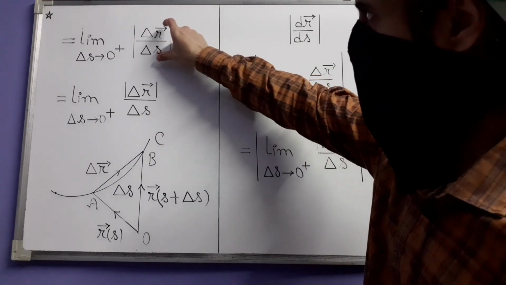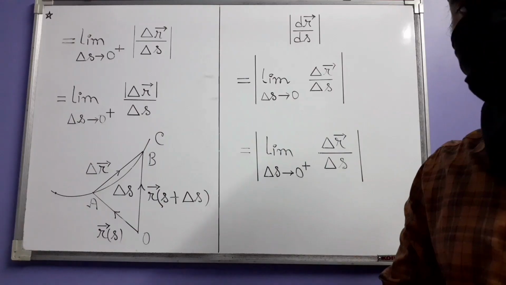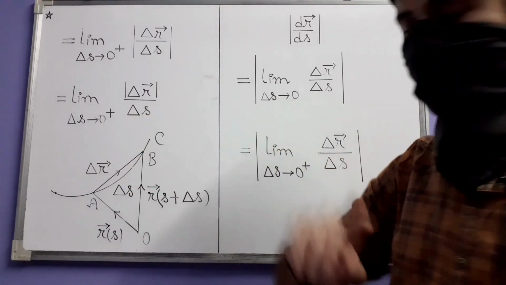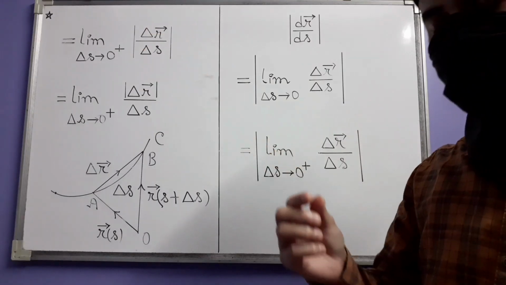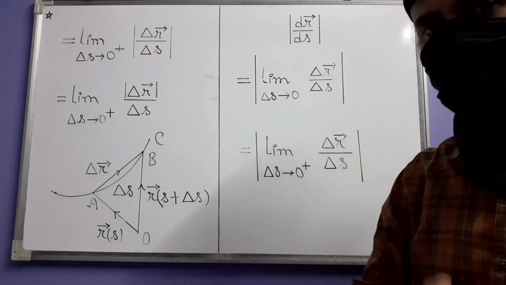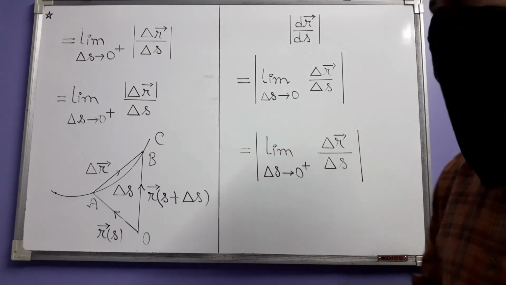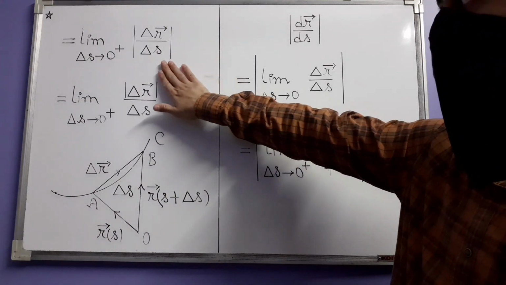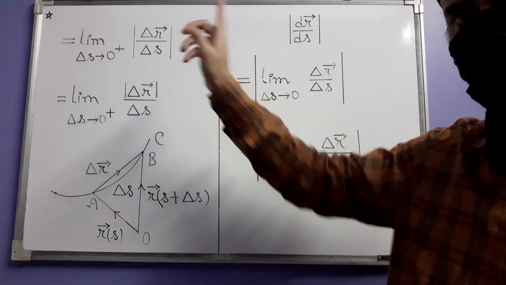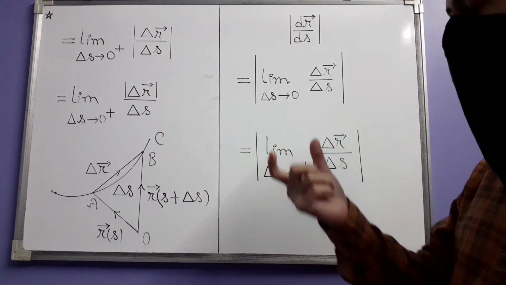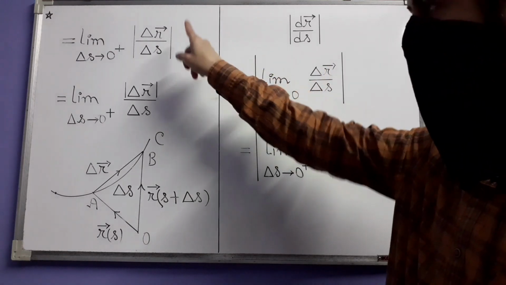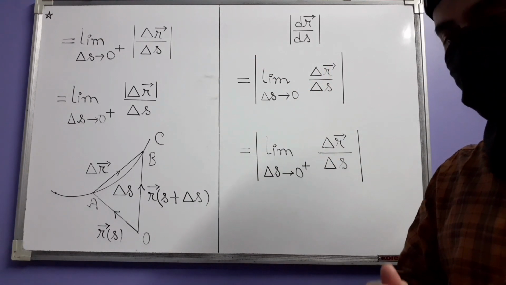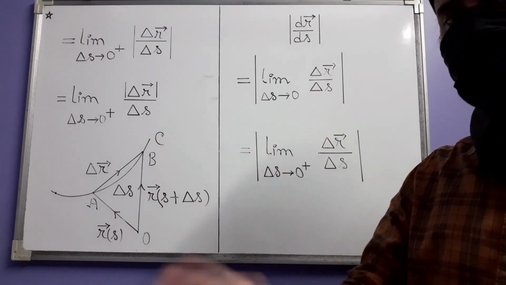Now if we look at this vector, it's actually a scalar multiple of the vector delta r, where the scalar by which we are multiplying that vector is the reciprocal of delta s. Delta s is a positive real number. And from the definition of scalar multiples of vectors, the magnitude of such a scalar multiple is the magnitude of the original vector multiplied by the absolute value of the scalar.